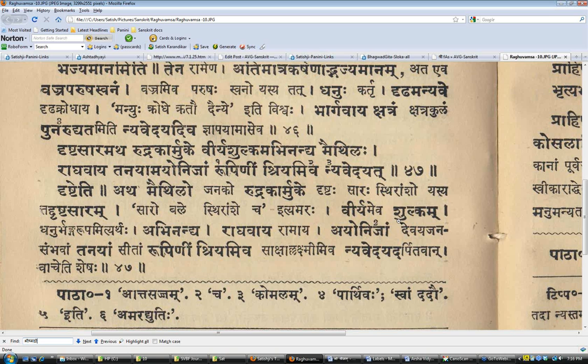It's the Viryam, isn't it? Because the valor or the courage of Rama, whose essence was tested on Rudra's bow. It's not the Shulkam that was tested, the Viryam was tested. So that's a small problem which I'm having with this one, that the Shulkam has pradhanyam.